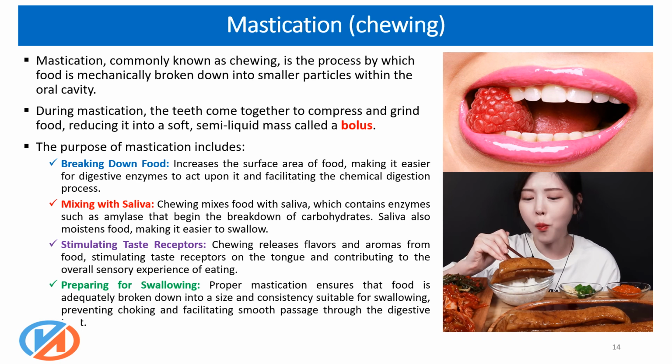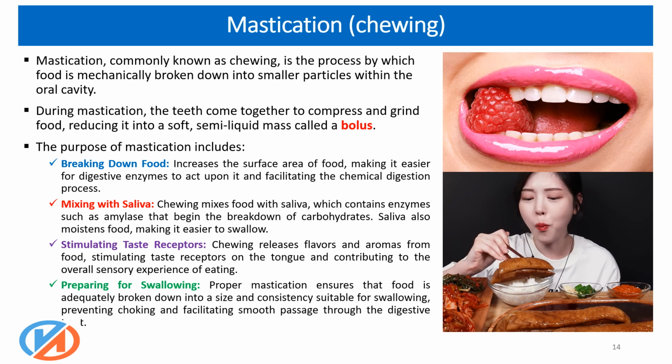The second role of the oral cavity is mastication, or chewing. Mastication, commonly known as chewing, is a process by which the food is mechanically broken down into smaller particles within the oral cavity. During mastication, the teeth come together to compress and grind food, reducing it into a soft, semi-liquid mass called a bolus.